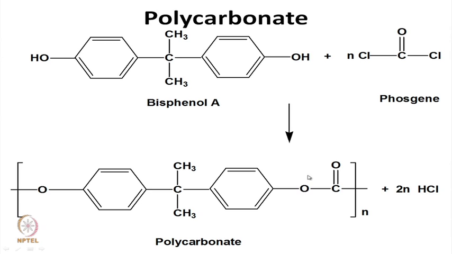Here you see this is the carbonate linkage, on both sides of this carbon an oxygen atom is there, one is here and one is here. This is the way to show the repeat unit of this polycarbonate.